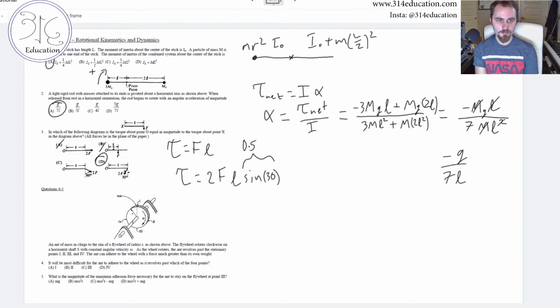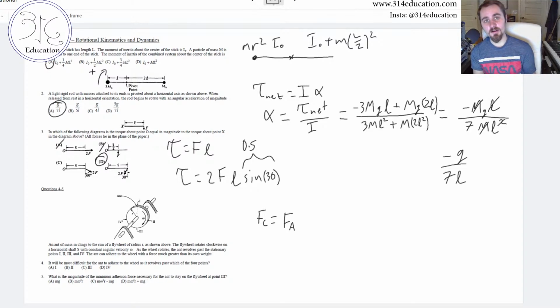So this is kind of just centripetal motion, right? And so we expect that the centripetal force of the ant is going to be, I guess we'll call this the adherence force, Fa. And then based on where we're at, we can choose whether or not we want to add or subtract.